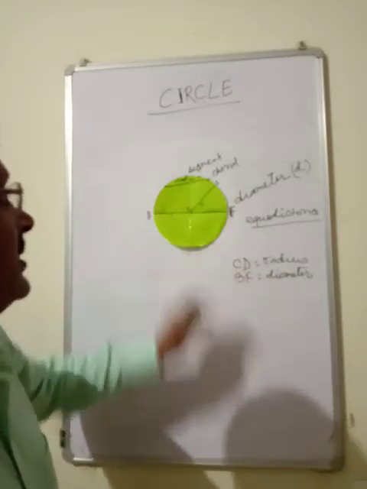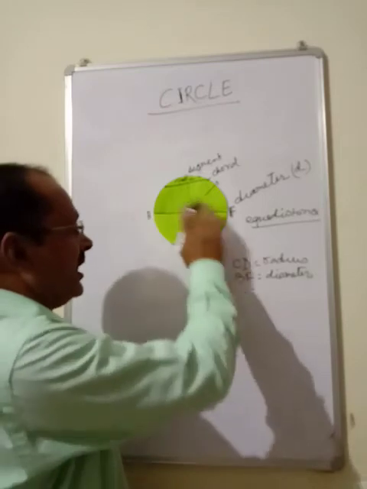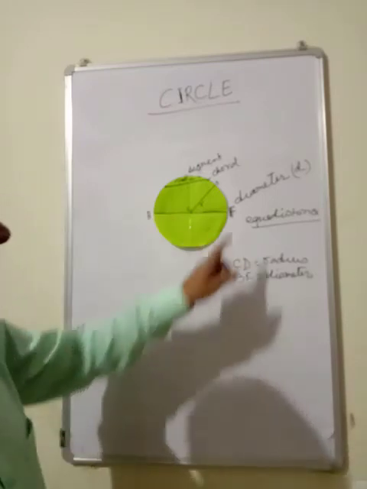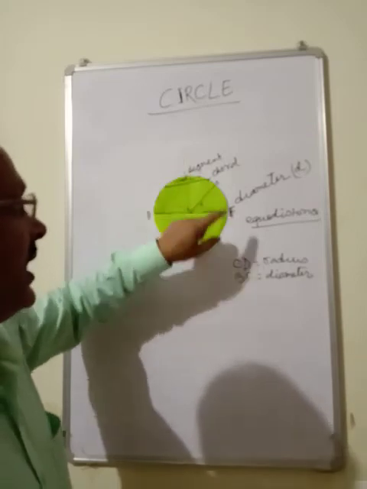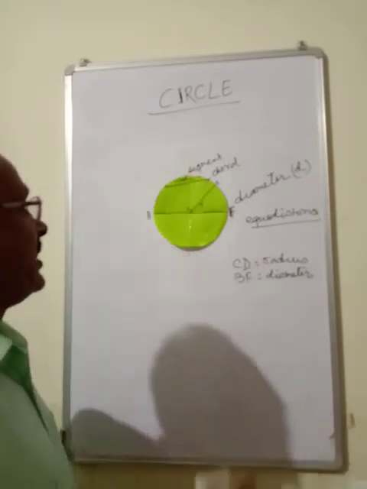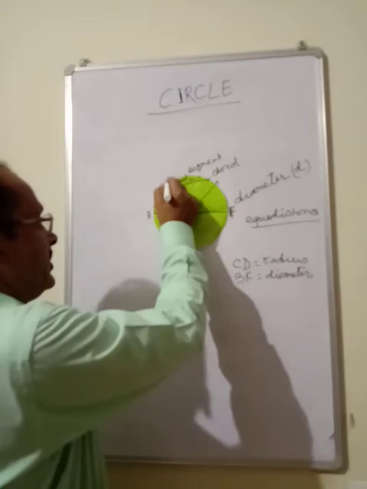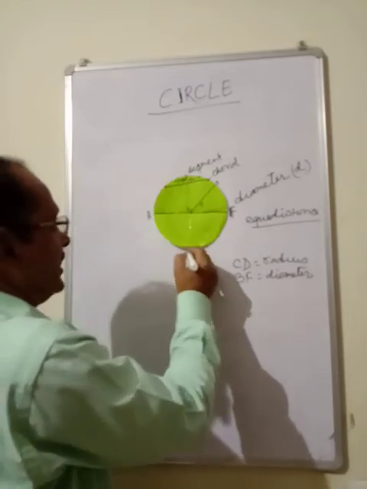The major parts of a circle are the diameter, radius, chord, and another important thing, the distance around the boundary.